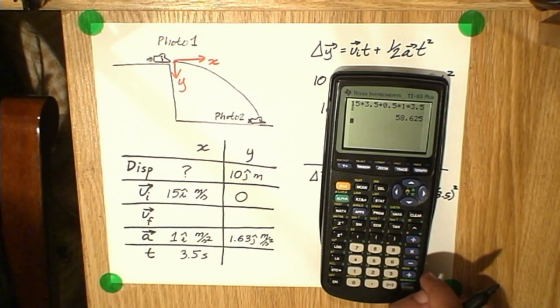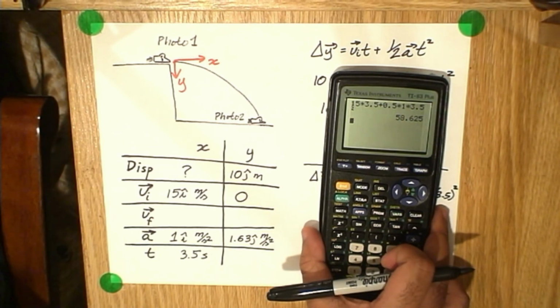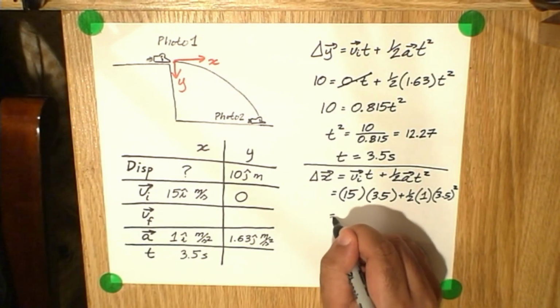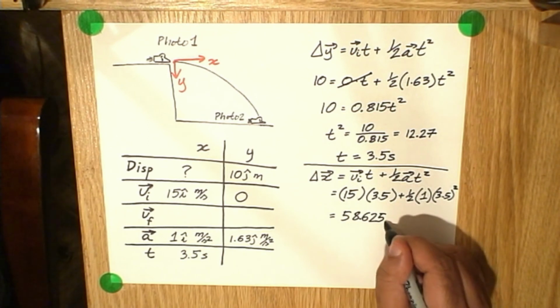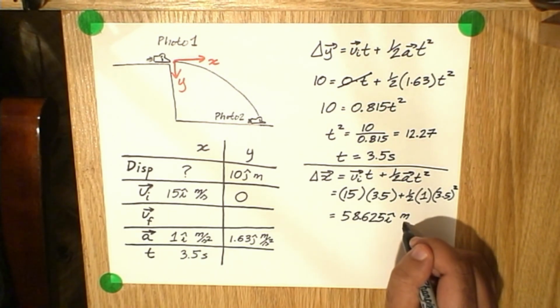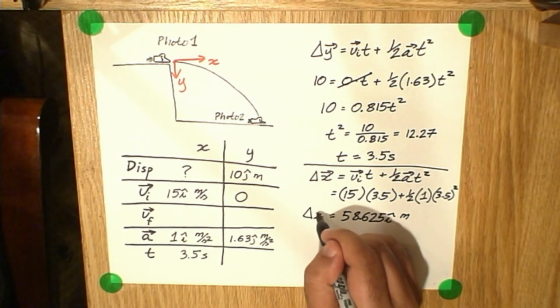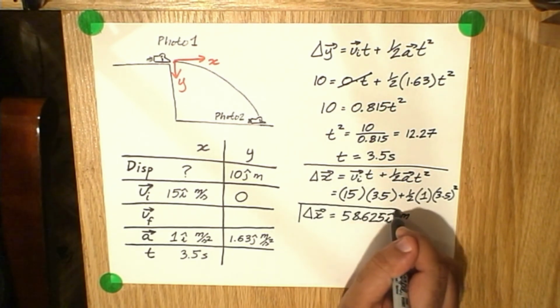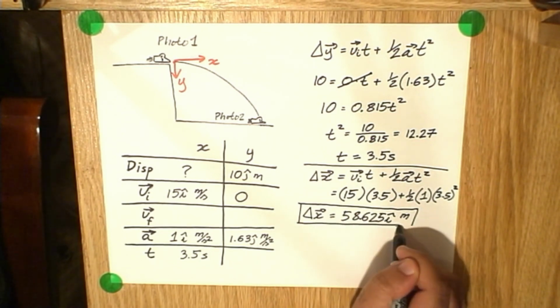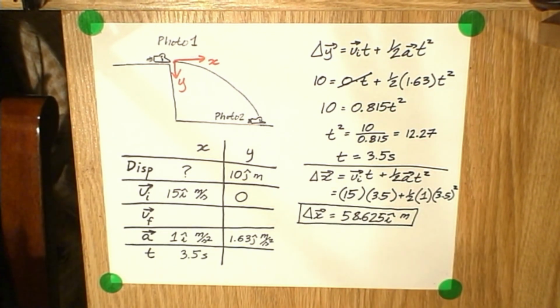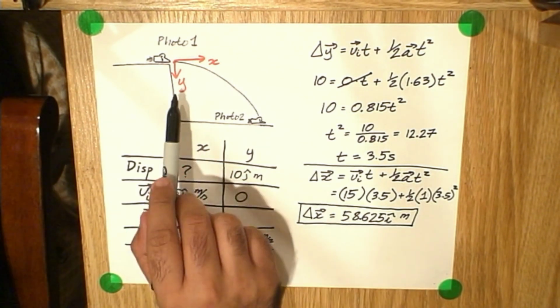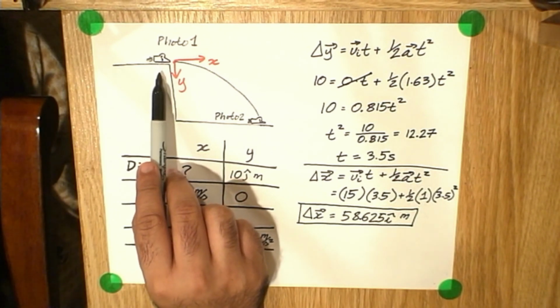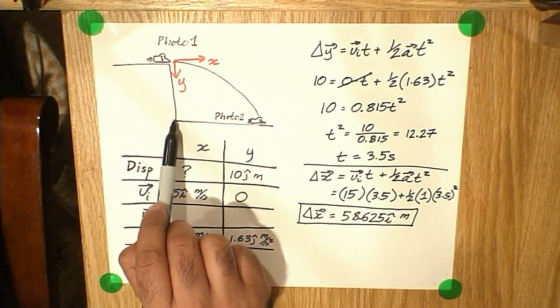By the way, I'm fully aware I didn't need to multiply by 1 over there, but just to stay consistent. So the displacement is 58.625 i hat meters. That is how far away this craft which is in powered flight will land from the base of the cliff.